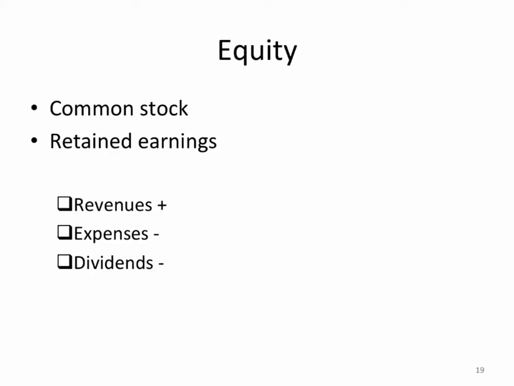So when we look at revenues, expenses, and dividends, they are typed like sub-equity accounts. They can be classified as equity accounts, depending on how you're talking about it. Those accounts, revenues, expenses, and dividends, all impact retained earnings. So when we have an event that occurs, like we sell merchandise, our revenues are going to increase retained earnings from that sale.